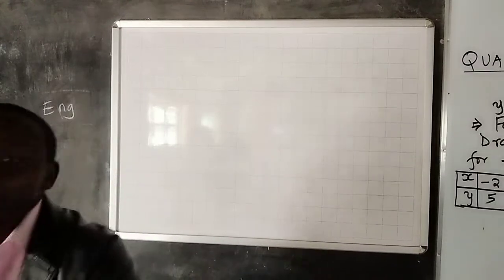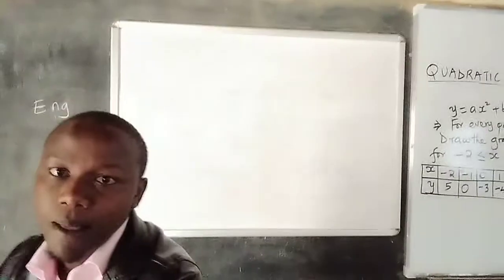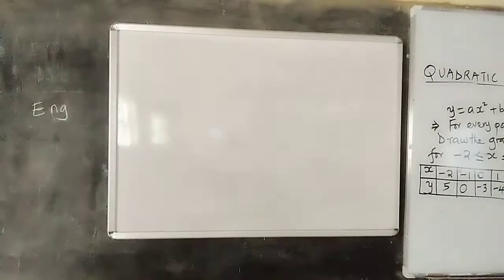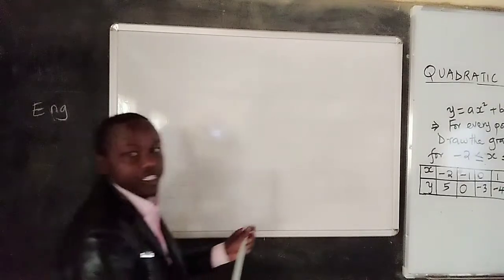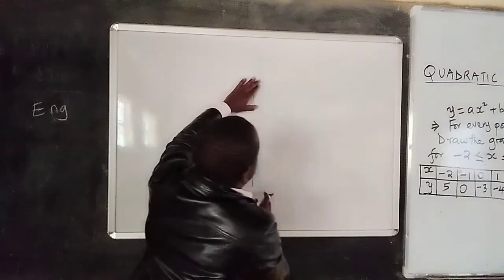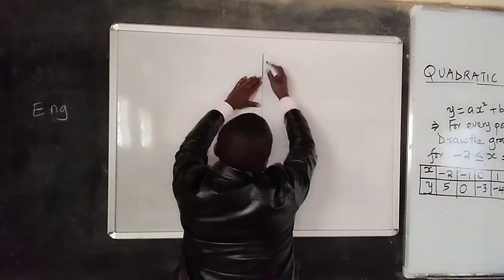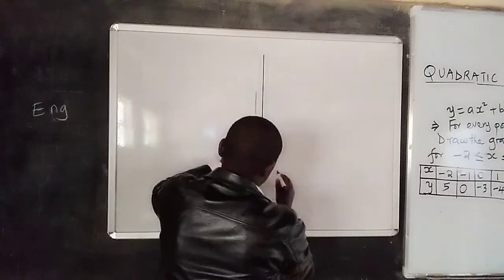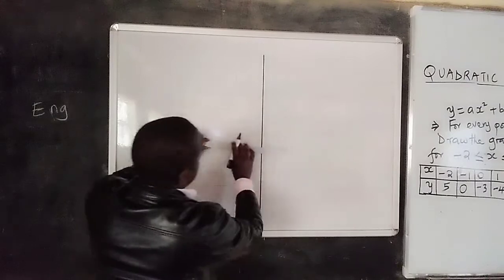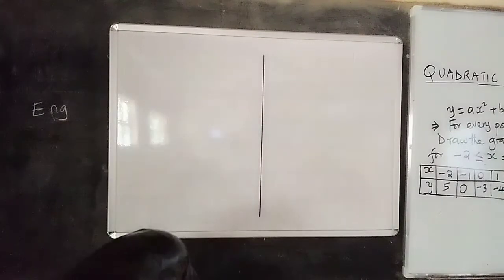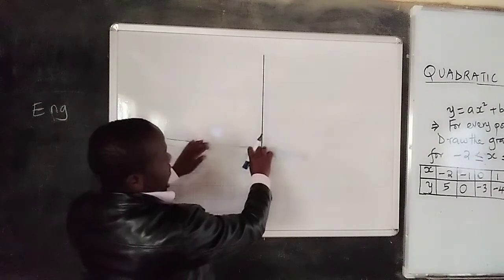First start by drawing a Cartesian plane. We have the values ranging between negative 2 to positive 4.